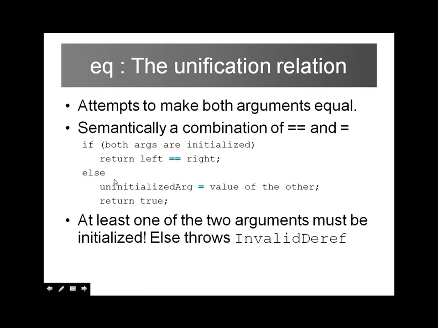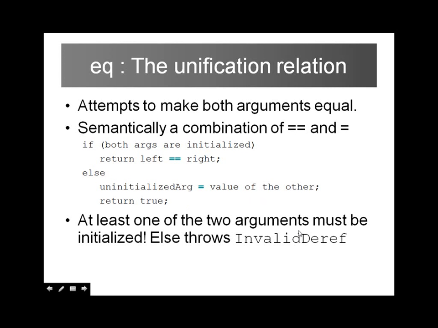The other condition is that one of the two logic reference arguments to unification is not initialized. In this case, the value of the initialized argument is assigned to the one which is not initialized. This basically makes both arguments equal, so it returns true.